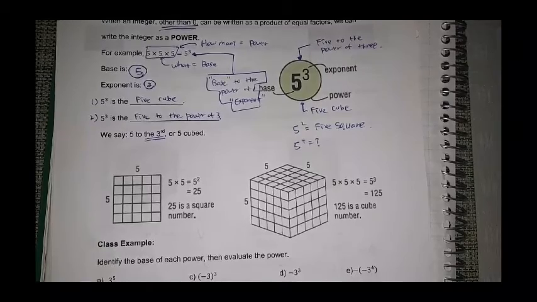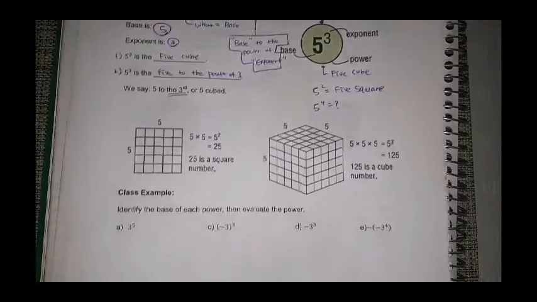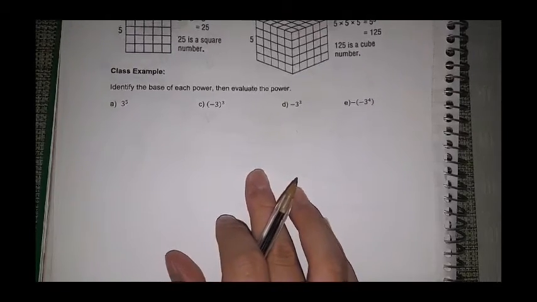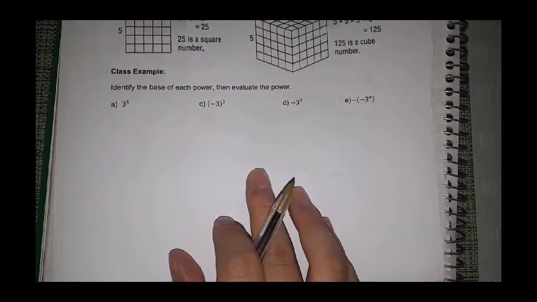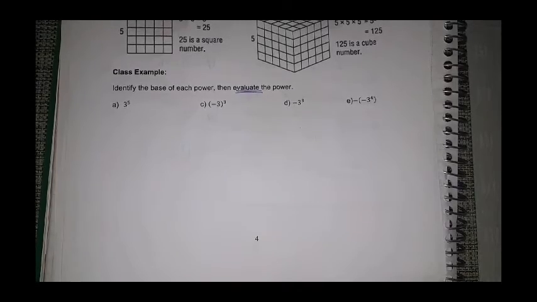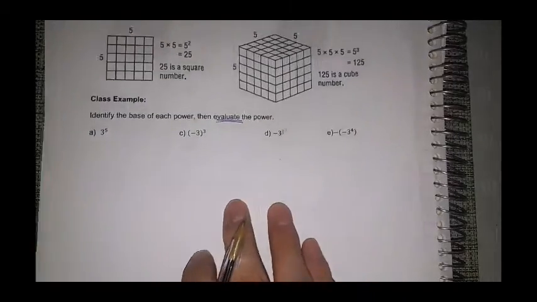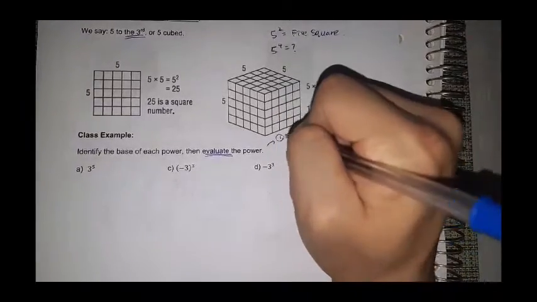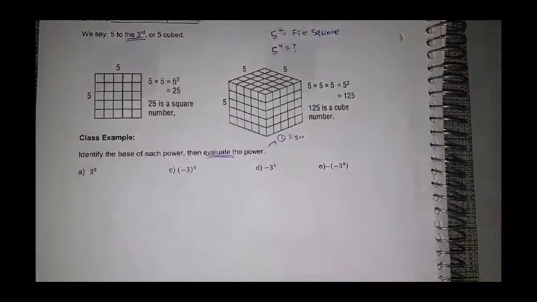So let's deal with some examples. Identify the base of each power and then evaluate the power. Before we get into it, evaluate is a fancy way of saying calculate. If you're dealing with any type of calculating situation, here's a little step that I suggest. Number 1, I want you to think about the sign first.